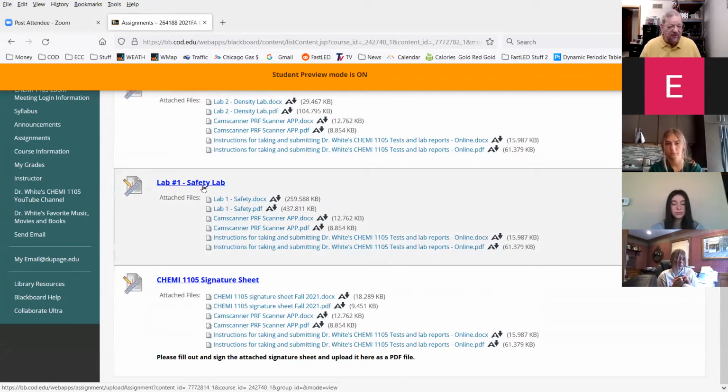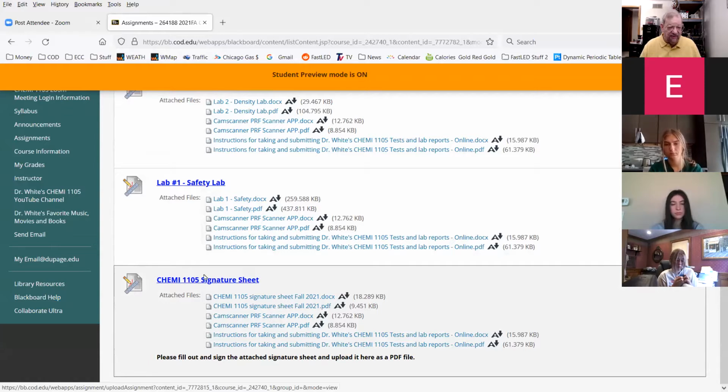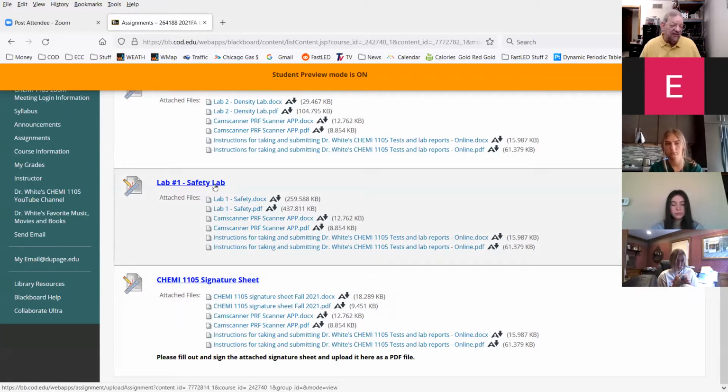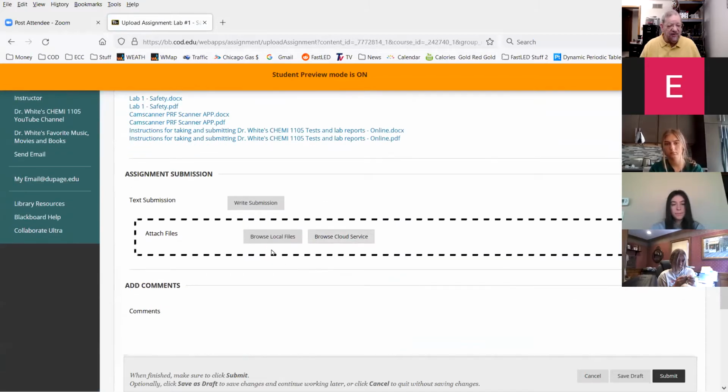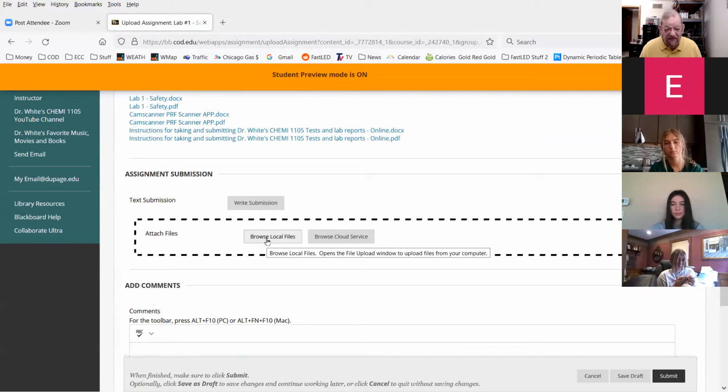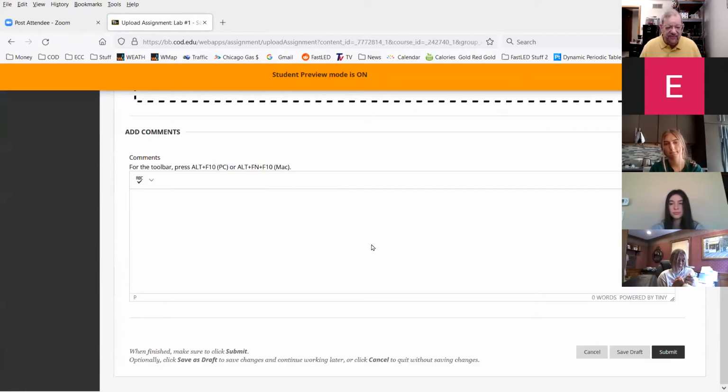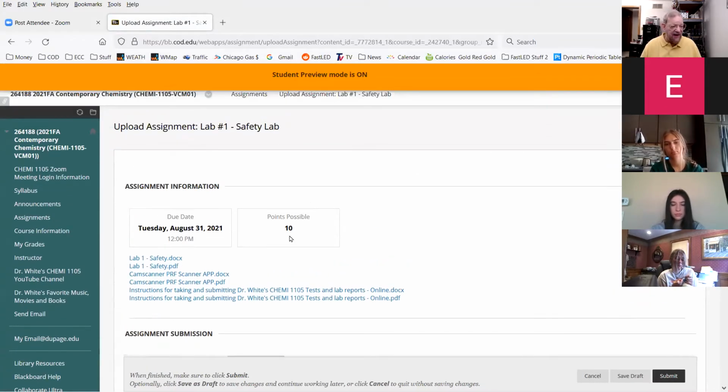But if you're going to hand in the safety lab or the student signature sheet or agreement, as I sometimes call it, click on lab number 1. And then you'll see attach files and browse your local, wherever you have it, attach it. And then hit submit. And that's how you do it. Let's go through it again. You click on assignments, click on the assignment you want.